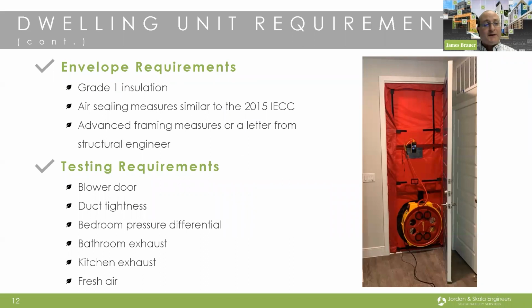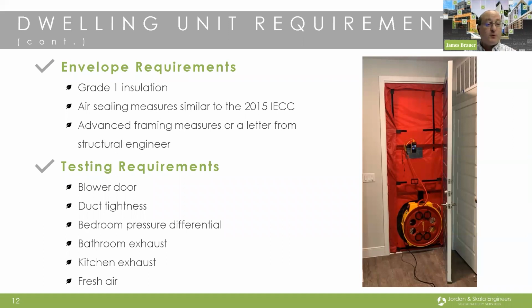Let's talk a little bit about envelope requirements. There is a requirement for grade 1 insulation. If you haven't heard this term before, grade 1 insulation is really a grading methodology to evaluate any voids, gaps, or compressions within your insulation. Certainly from an owner's perspective, an owner is paying for 100% coverage within your wall system and your wall cavities.